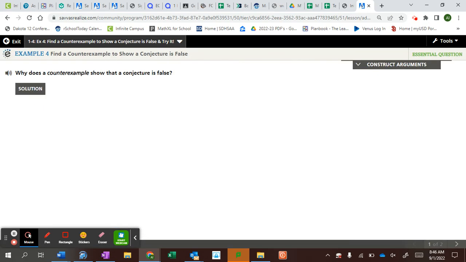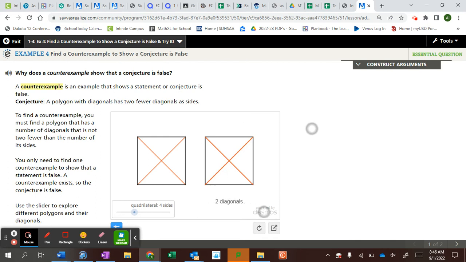All right, we're looking to prove something false. So here's a vocab word, okay? And I can't zoom that in. A counterexample is an example that shows a statement or conjecture is false.